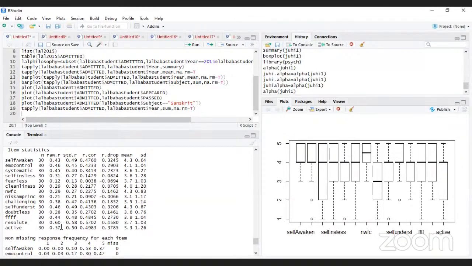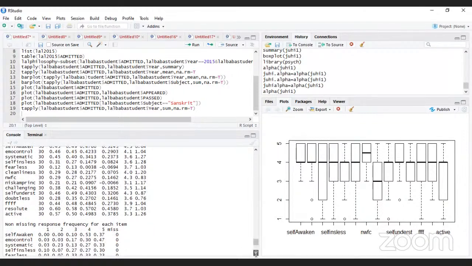Anindita, please write down: active, resolute, self-understanding, emotional control. Okay, so I find four items are above 0.45. This 0.45 is just our assumption, the criteria.